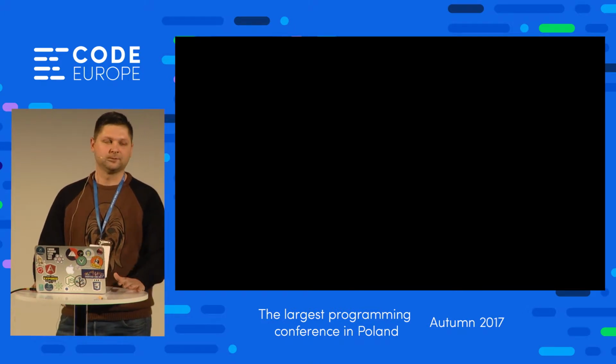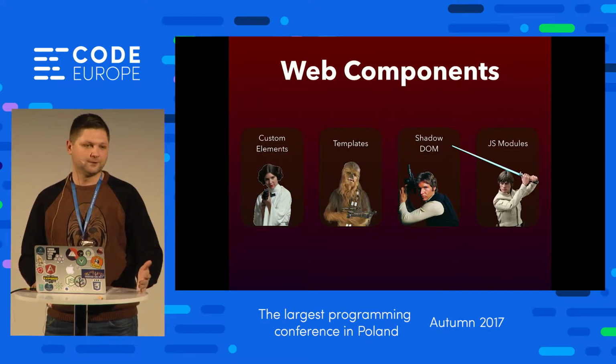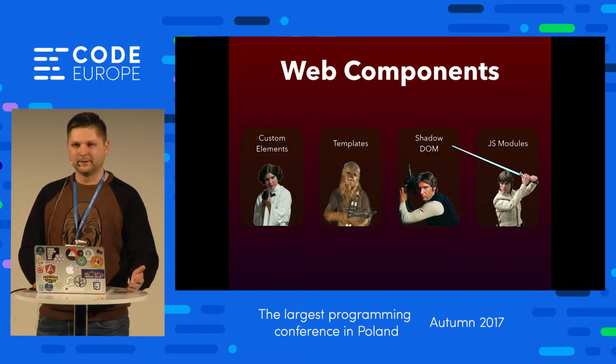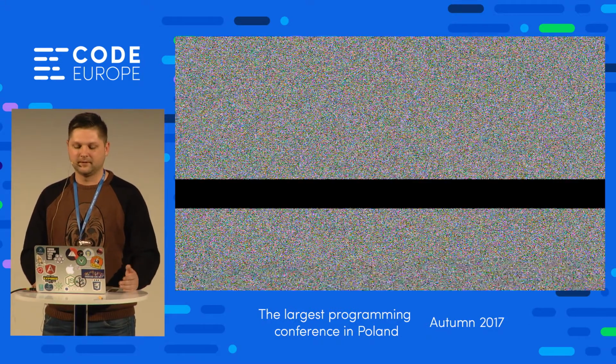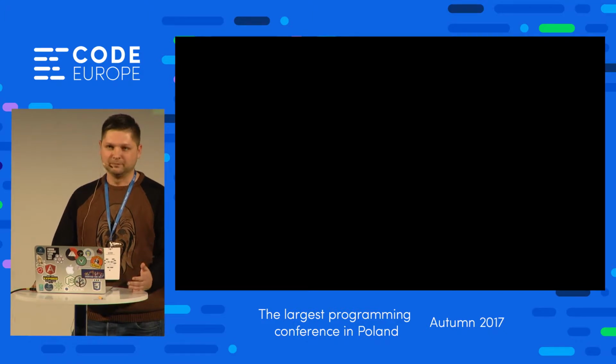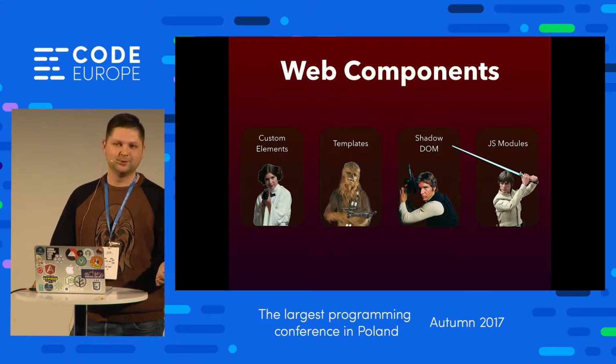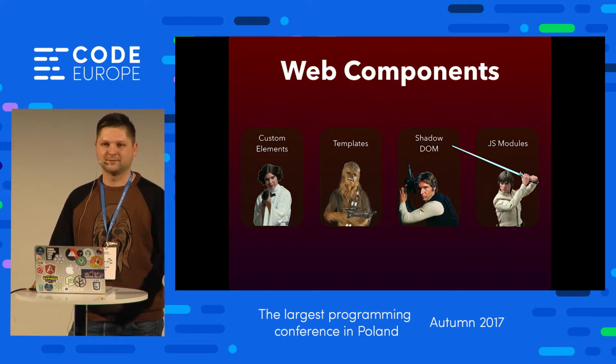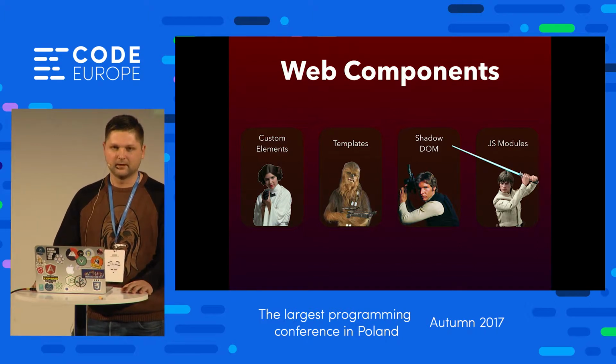And JavaScript modules. JavaScript modules are used to reuse these components and share them. So somebody who wants to use your newly created component just needs to import some JS module, and here we go. He can use it.